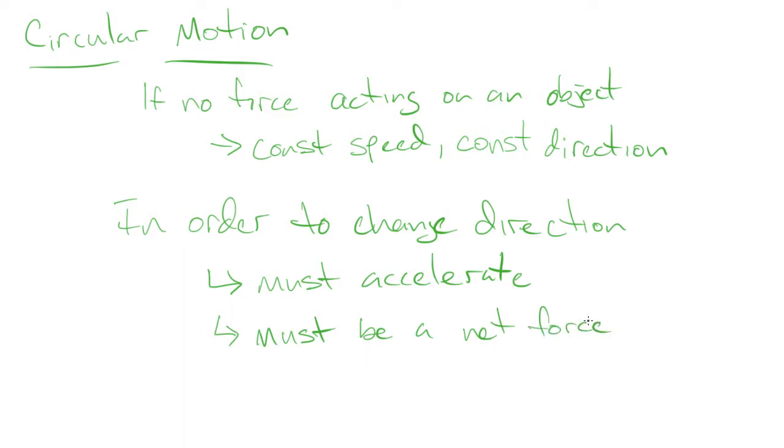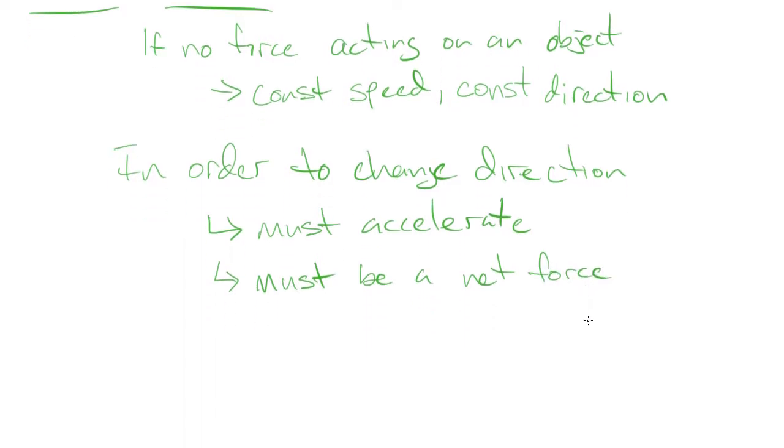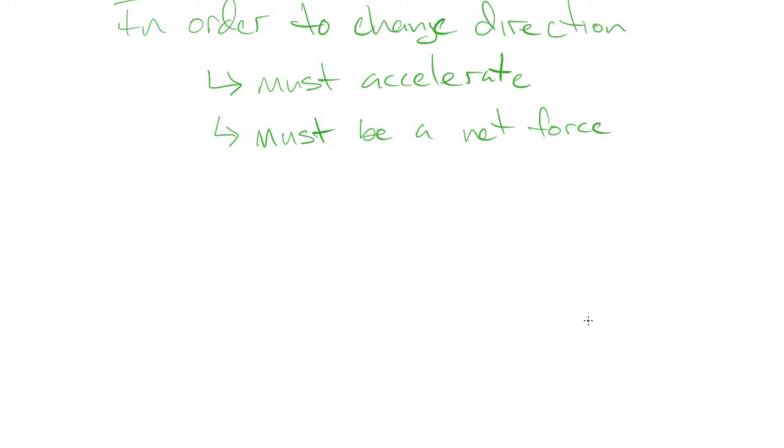So motion in a circle implies that there is a force acting on the object of interest. In the case of circular motion, we do have a force, and the force is constant.